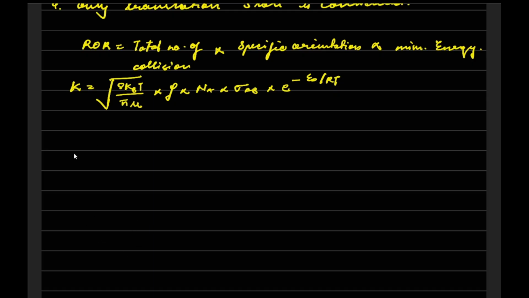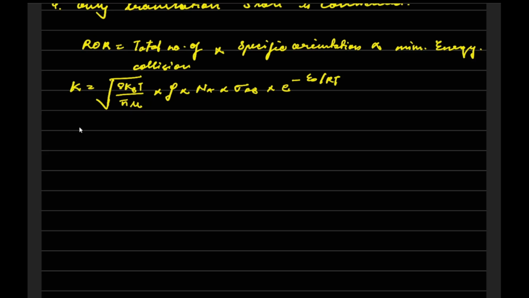Okay, so this is the formula where this stands for the speed, rho and NA stand for the specific orientation, sigma stands for the area, and the exponential stands for the minimum energy.